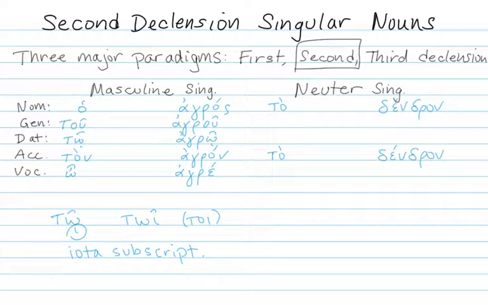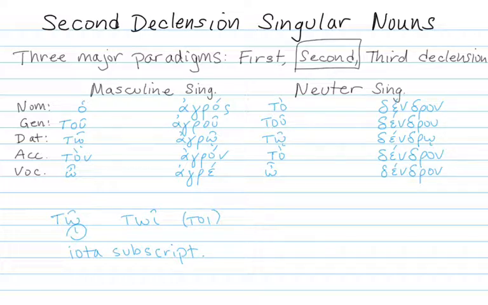The other cases, the genitive and the dative, are going to look exactly like the masculine. So tou dendrou and tō dendrō. The vocative has the same article, ō, but the ending is going to be identical to the nominative and accusative, ō dendron.